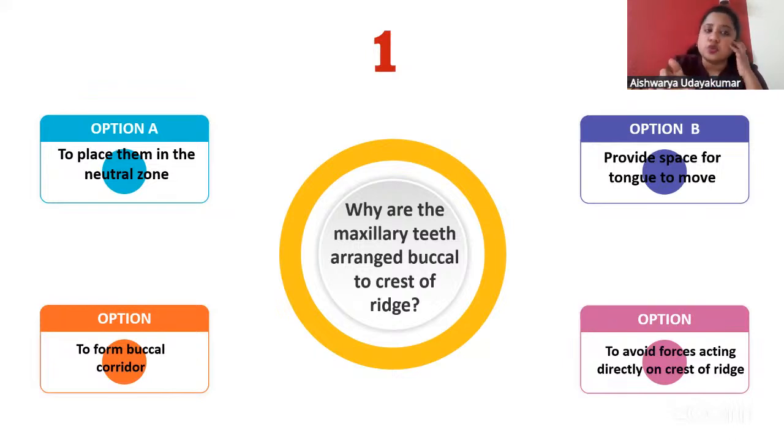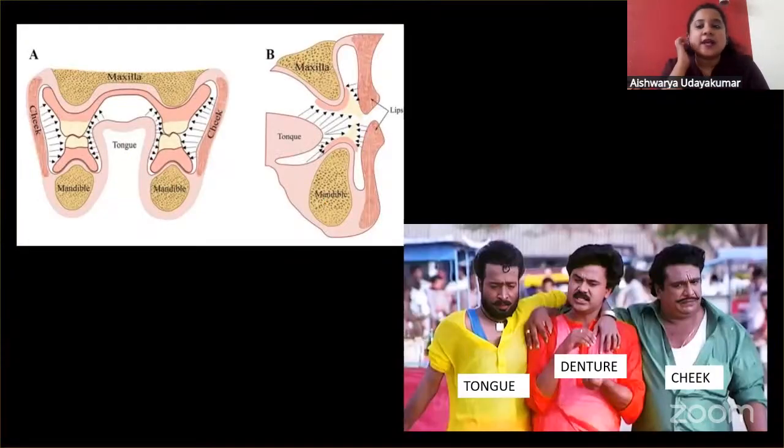Now, for a UG student, understanding the neutral zone is difficult. I'll teach you with an example. All the Malayali students would be very familiar with the movie Punjabi House, with a very hilarious scene where the actor's denture is supported from two sides, the cheek and the tongue.